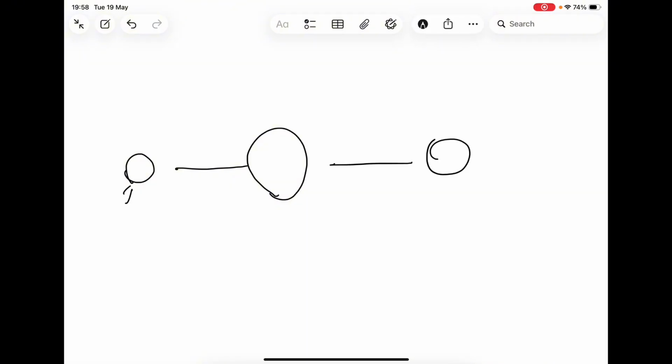So let's draw our very tiny network here. This will be our input, this is our neuron, and this is our output, right? In machine learning and artificial intelligence, we usually mark this input as x, and we usually mark this output as y hat.